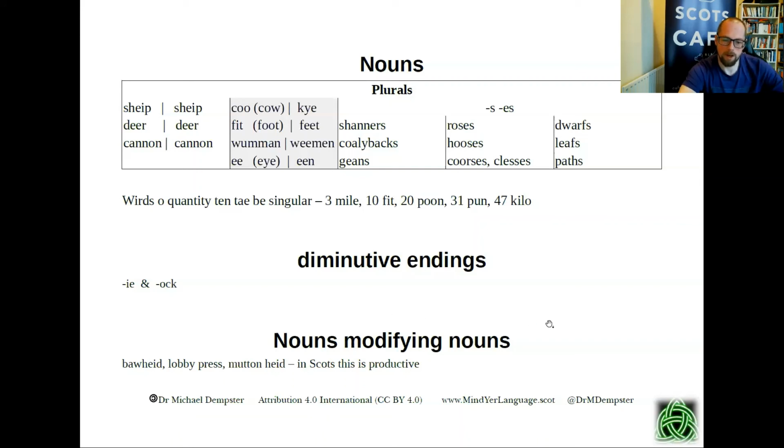And just to finish off, I'll talk about how nouns modify other nouns, right? So I said that if there's an adjective, you'd put big Ian, right? So you'd put the adjective in front of that. Now, in Scots, you can do that with nouns. You can put nouns together. Good examples of that are like the Lobby Press, or Bawheed, or Muttonheed.